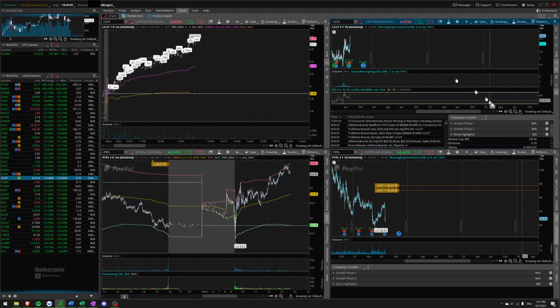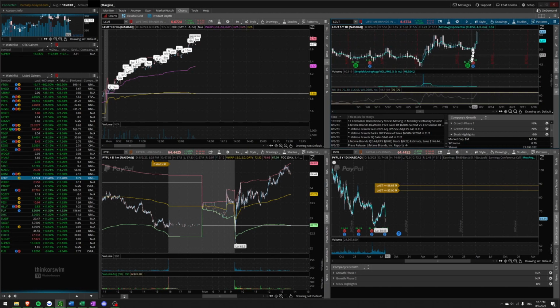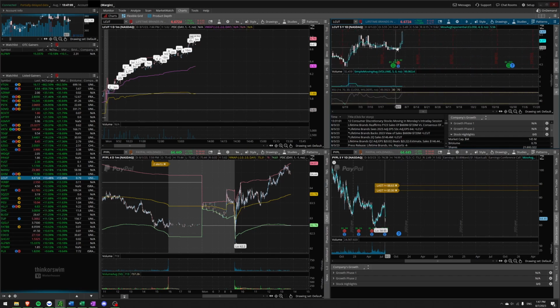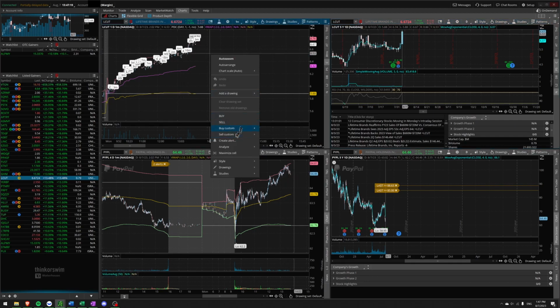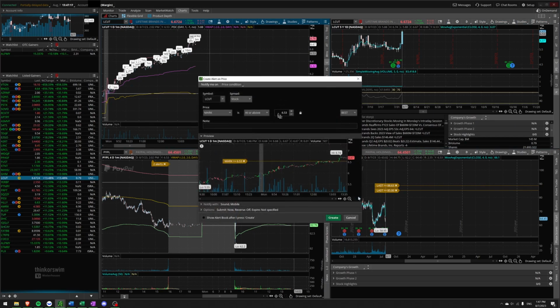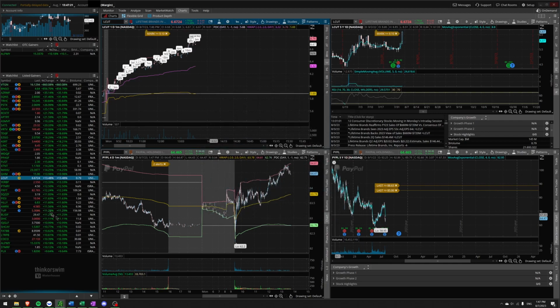It's tested that level like twice, so I usually would rather aim on being too safe. So let me do 40% from 6.5. That's 9.1. So put an alert. 9.1. Baba Booey.